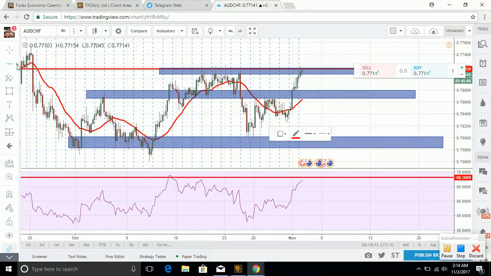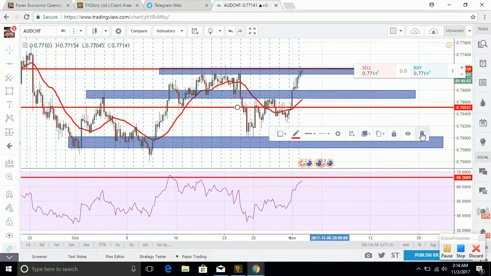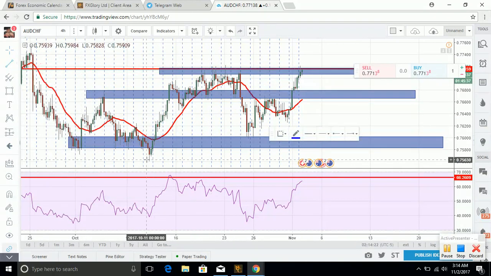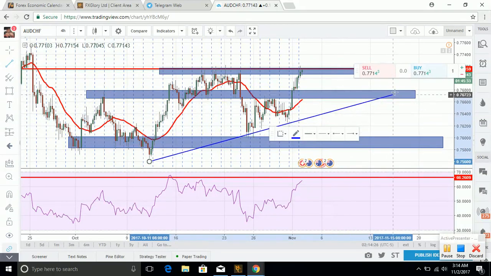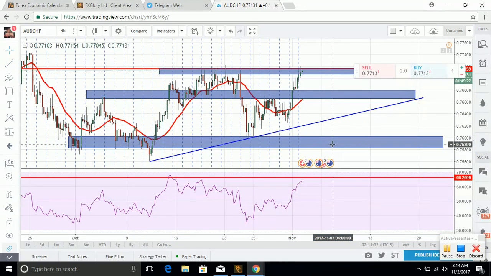Let's add a trend line. You can connect this point with these points here. Okay, and that's as far as we'll do it for this particular demonstration.